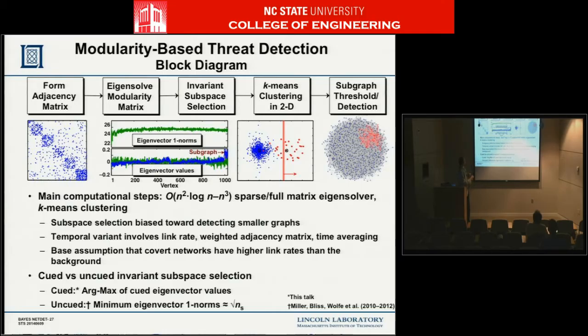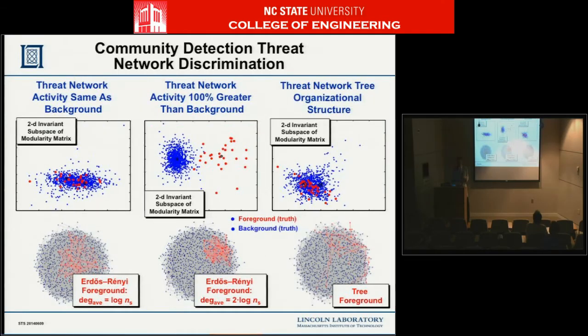And so this algorithm looks like you form your adjacency matrix, you compute eigenvectors, you perform a selection on your eigenvectors, and then you do a thresholding in eigenvector space, and that gives you a subgraph. And then here's another picture showing the performance.